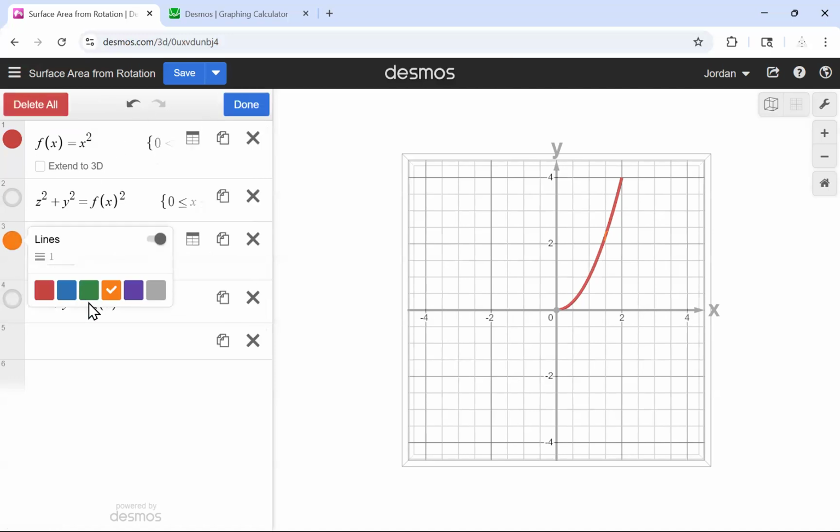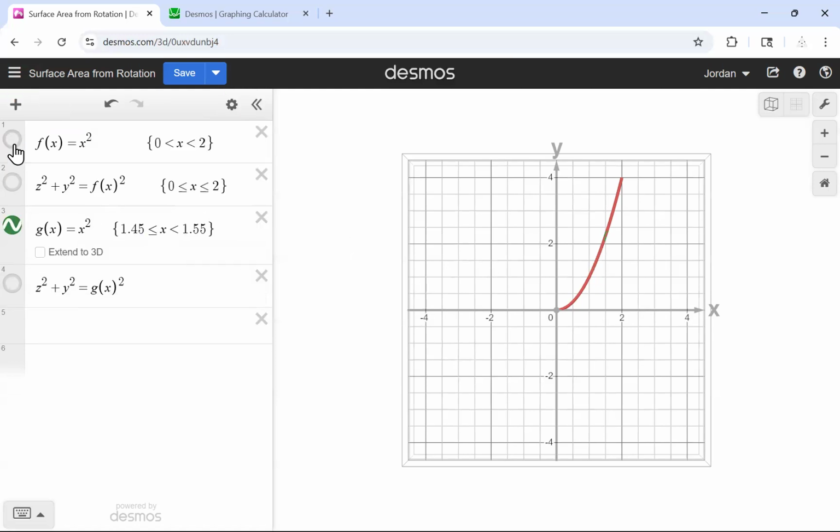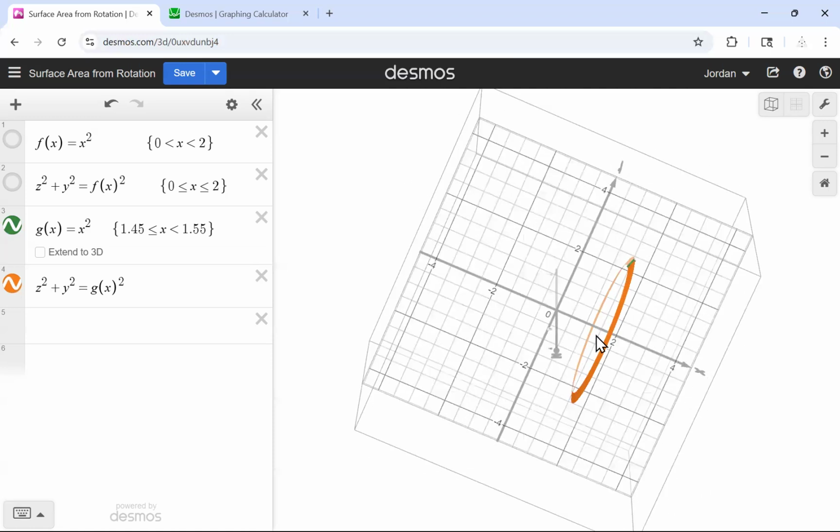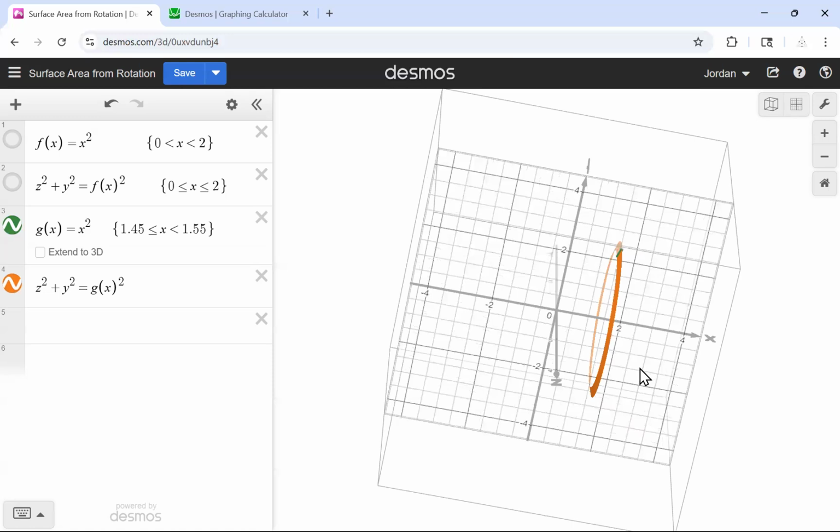We take lots of them and we revolve each line segment around the x-axis. This makes sort of what I would refer to as a ribbon shape.